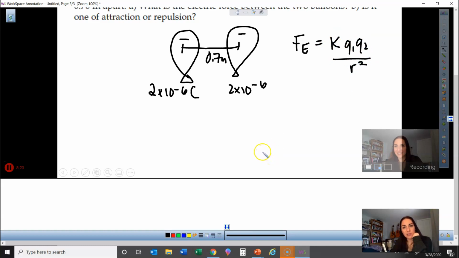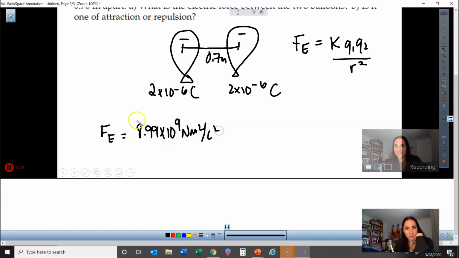So, let's take a look here. My charges are in coulombs, so that's good. My distance is in meters, that's good. And actually, that's all I need to solve this. This is just a constant. So the electric force is going to be K Q times Q over r squared.